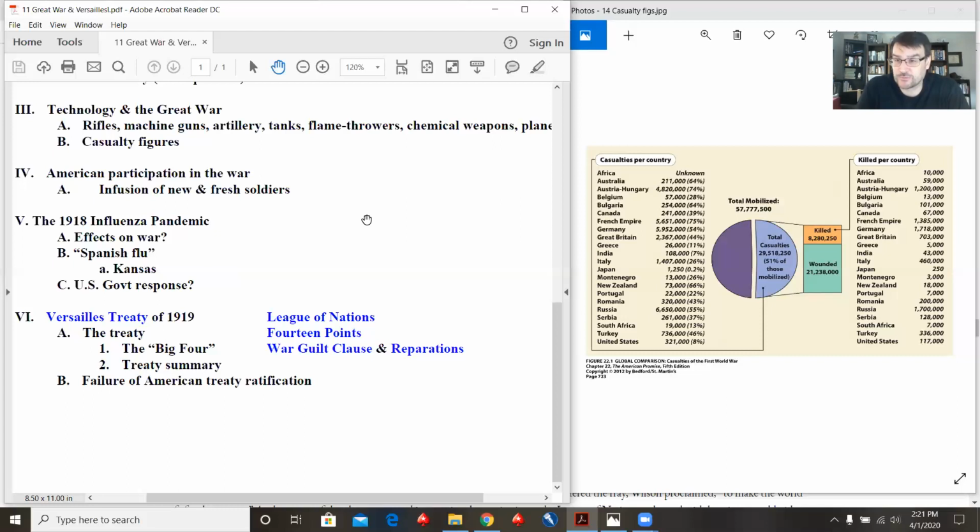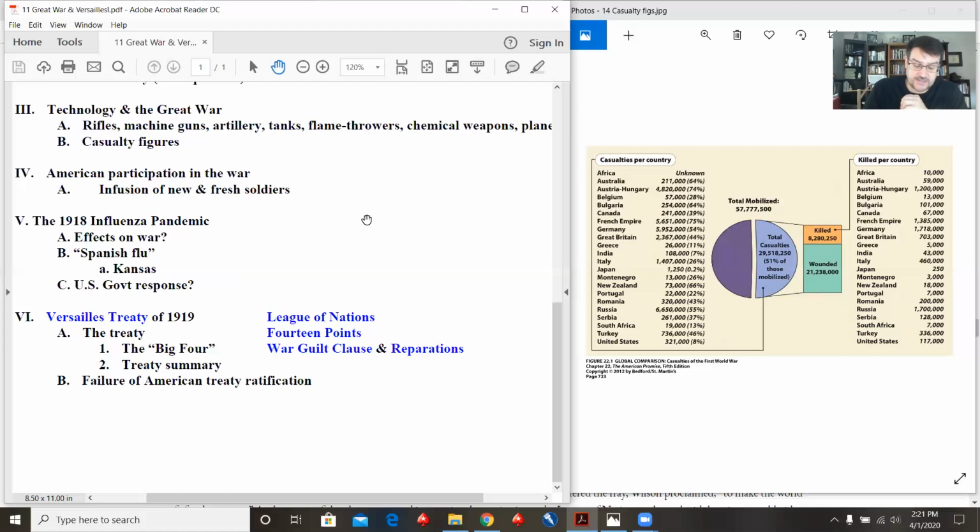At least General Ludendorff, the head general for the Germans, cited influenza as slowing the Germans down because they had so many sick soldiers. So the 1918 influenza epidemic allowed precious time for the Americans to arrive.